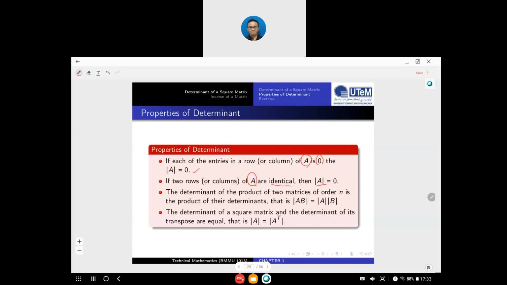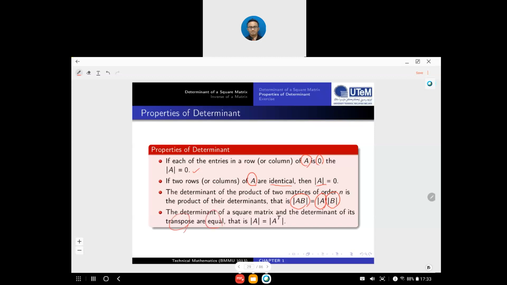That is, if you want to find matrix A times B, their determinant equals the determinant of matrix A times the determinant of matrix B. And the determinant of a square matrix and the determinant of its transpose are equal.